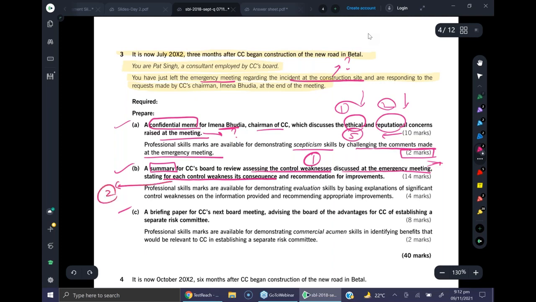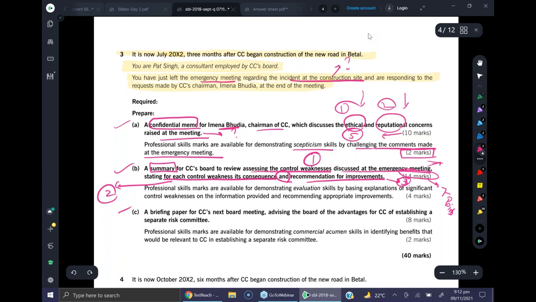The second element you need to cover. So identify the weakness, discuss the consequence, and what's the third thing? Recommend improvements. 1 or 2 improvements for each control weakness maybe. Now there are 2 things. For 14 marks, I will try to discuss minimum 7 points. Yes.